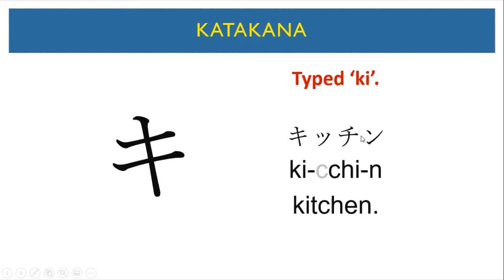It means that the consonant part of the hiragana that comes after the s should be stressed. So it will be like Kitchen. I'm exaggerating so that you get the point.